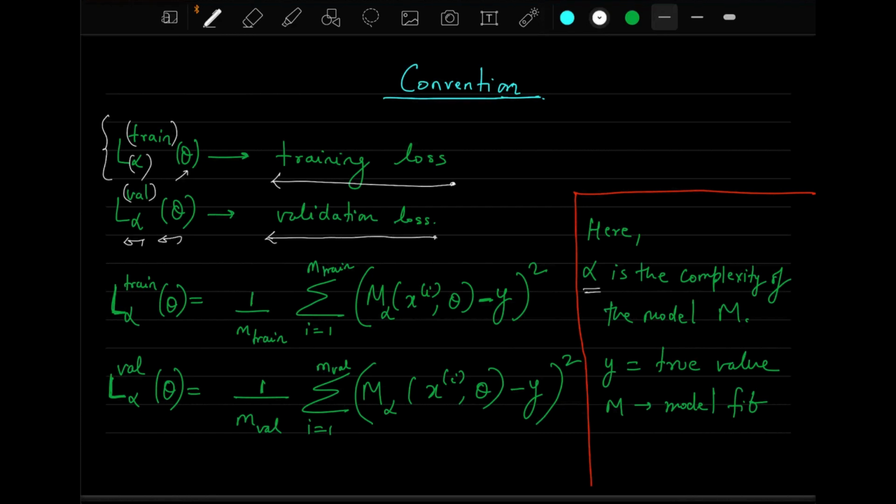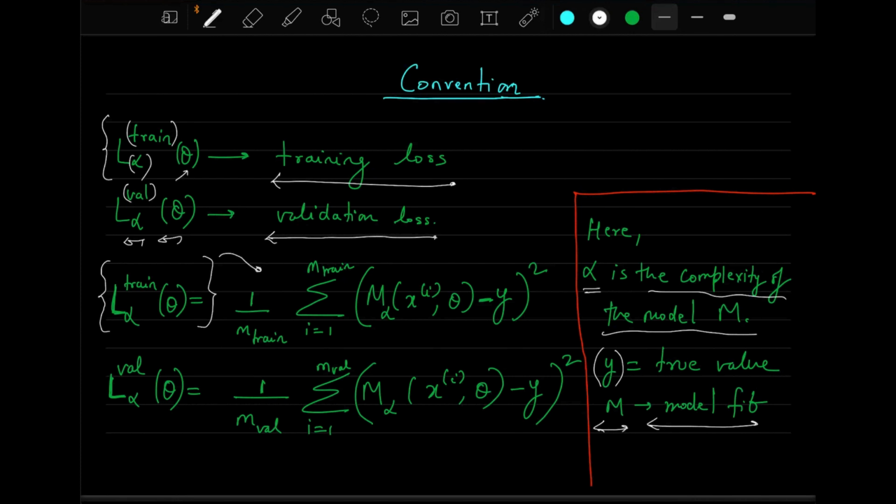Here alpha is the complexity of the model, which we have discussed in much detail in our earlier slides. And y is the true value that you have from the data set, and m is the model fit that we have also discussed. So if you want to create the alpha train theta loss, how will you do that? You will write this equation.